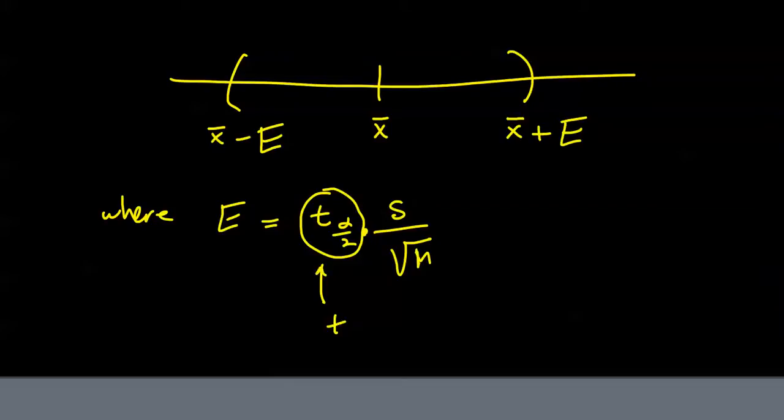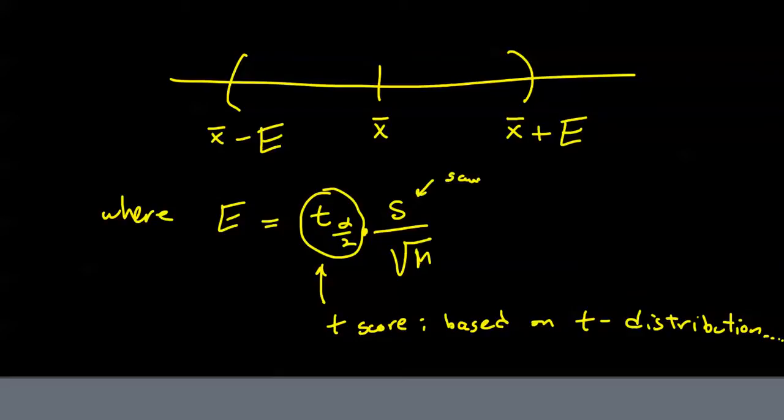Now, t is a t-score, very similar to a z-score. A t-score is based on a t-distribution, and we'll talk more about that later, perhaps in the face-to-face class. S is our sample SD, our sample standard deviation, and of course n is the sample size. So we've got a square root of n in that denominator.